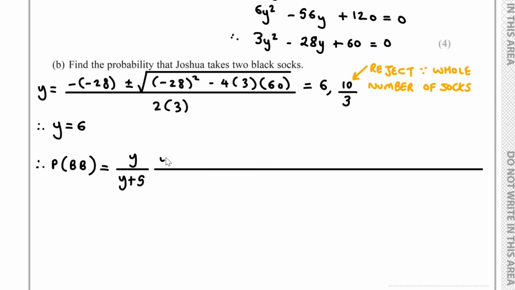So if I work this out, y equals 6 is the only solution. So here I've got 6 over 6 plus 5 multiplied by 6 minus 1 over 6 plus 4.